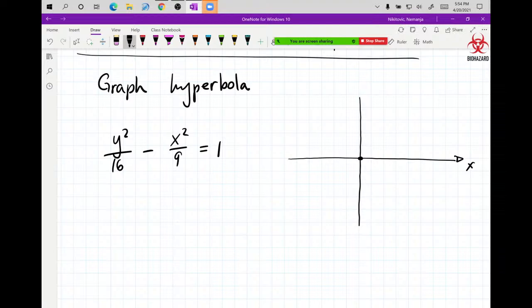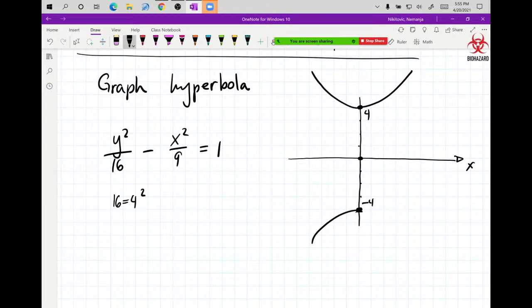And we have to go 4 units up and 4 units down. Again, 16 can be written as 4 squared, and 4 is associated with y. So we'll go 1, 2, 3, 4 units up, 1, 2, 3, 4 units down. So that's 4, that's negative 4. And from there, we draw the hyperbola.